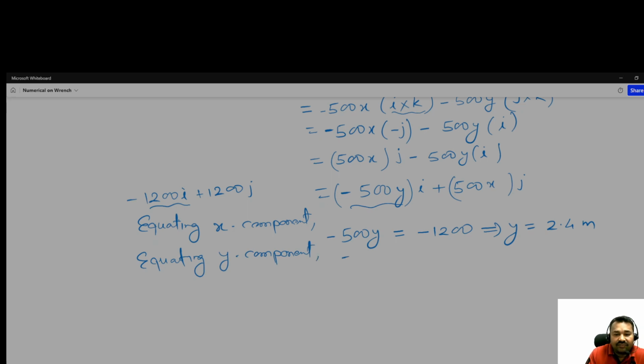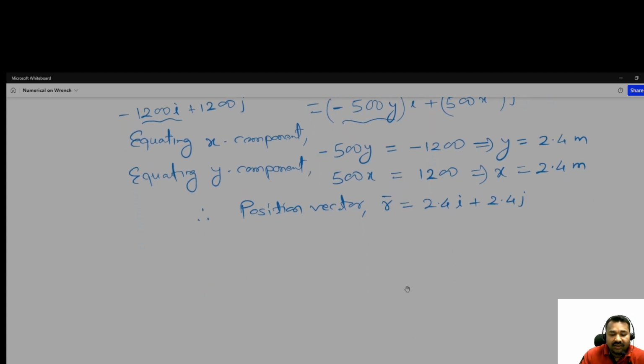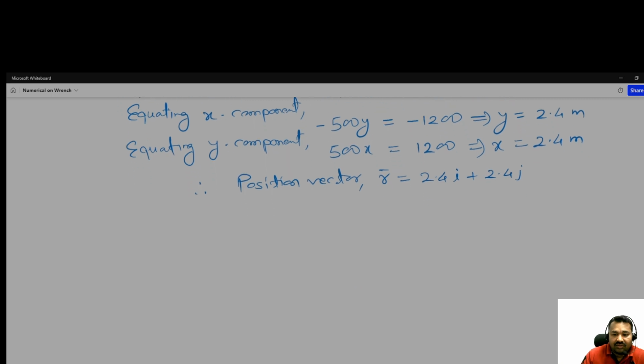So we get 500 X is equal to 1200. Okay, so from here also we get X is equal to 2.4 meter. So hence the position vector R can be written as 2.4 I plus 2.4 J, and this we can show through the graph.